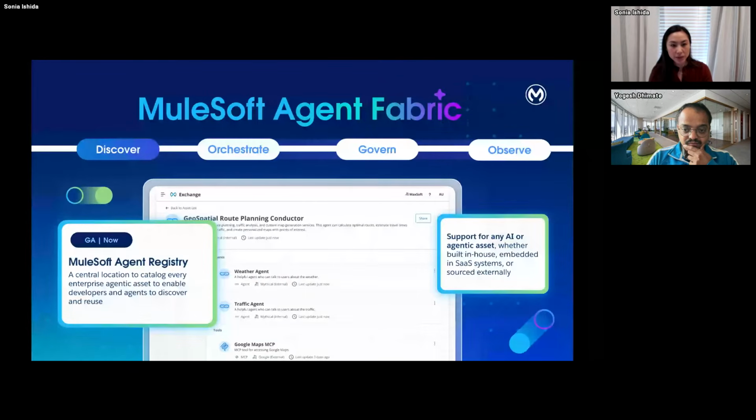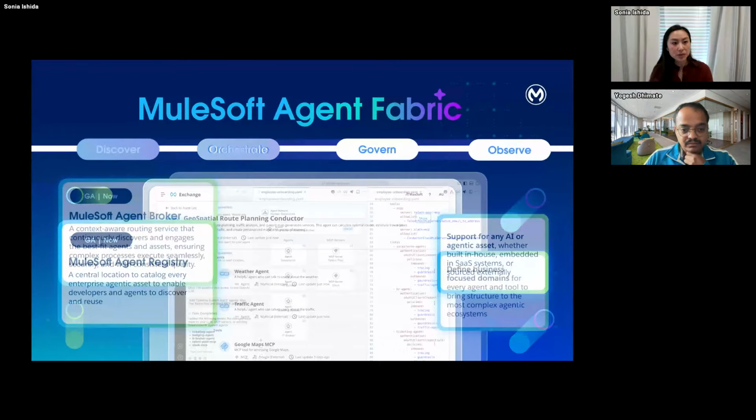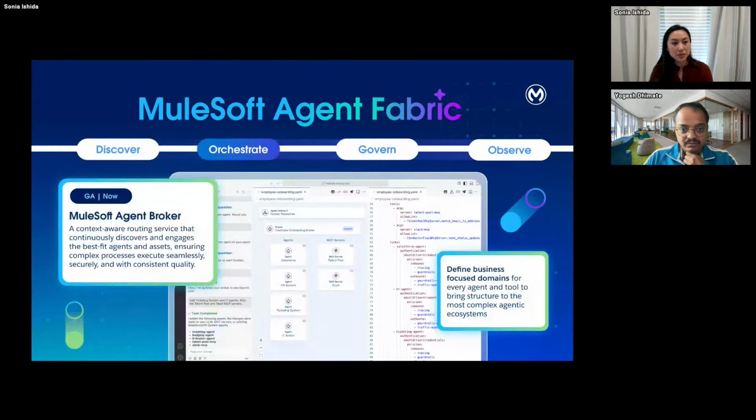And we know that discovery alone isn't enough, you also need orchestration. So that's where MuleSoft Agent Broker comes in. This is the intelligent routing and coordination service that connects agents across different domains, and it ensures that the right agent is engaged at the right time. By dynamically matching tasks with the best fit agent and enabling this seamless collaboration across ecosystems, the broker is able to pull those agents together.